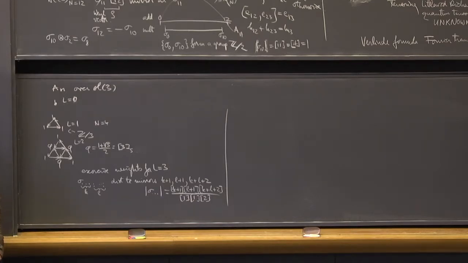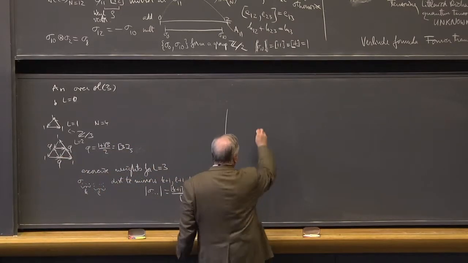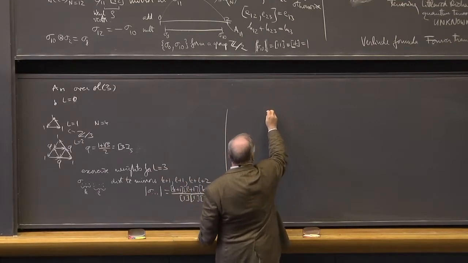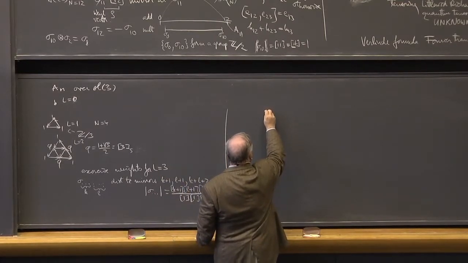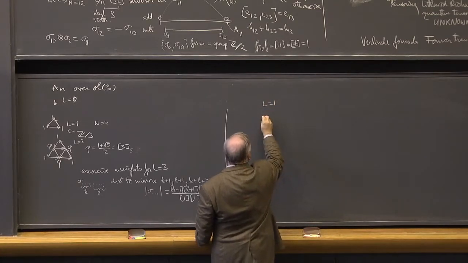You can see that the longest path in every direction has length 3, right, for that. So let's take this one, for instance, and well, why not the simplest of all, almost the simplest, L is equal to 1.